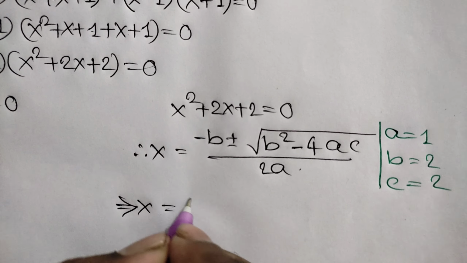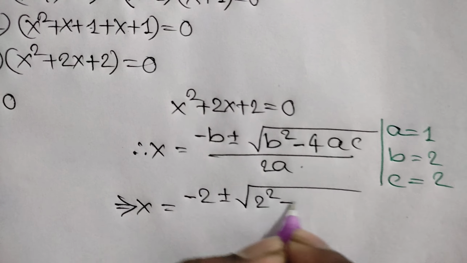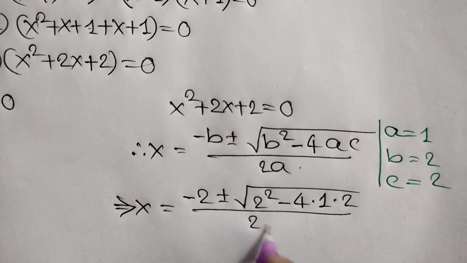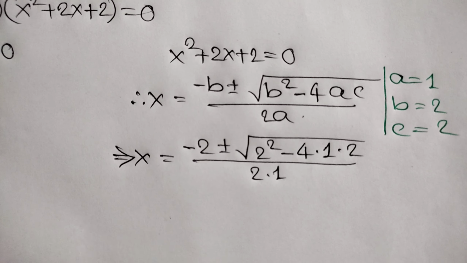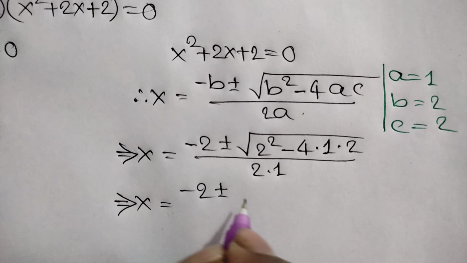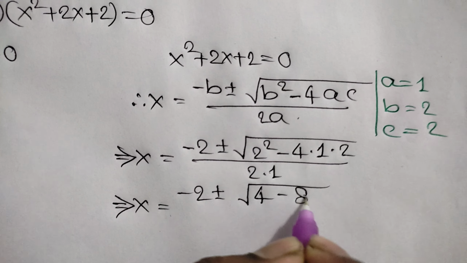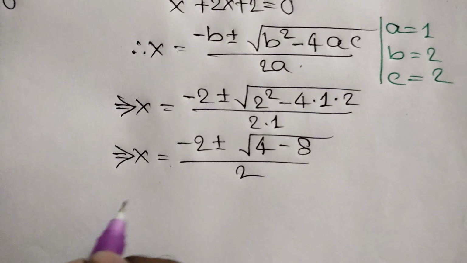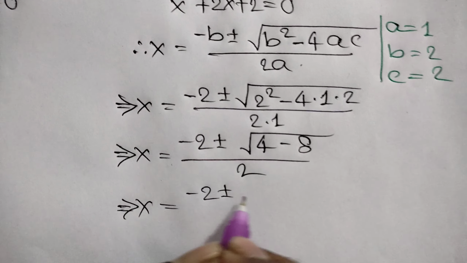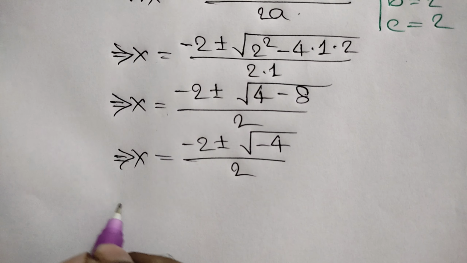Or x is equal to minus 2 plus or minus square root of 2 square minus 4 times 1 times 2 over 2 times 1. Or x is equal to minus 2 plus or minus square root of 2 square is 4 minus 4 times 1 times 2 is 8 over 2. Or x is equal to minus 2 plus or minus square root of negative 4 over 2.